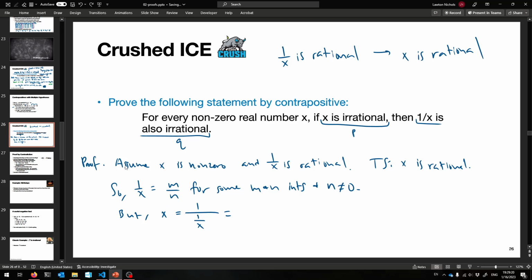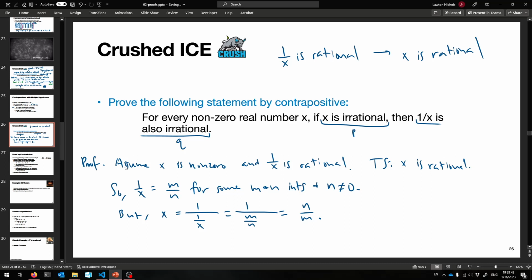So x is really 1 over m over n, and that is just by math equal to n over m. And you can do that because we're assuming that things are non-zero, okay? So that's fine. I can get this equation now. So x, I know, is equal to n over m.